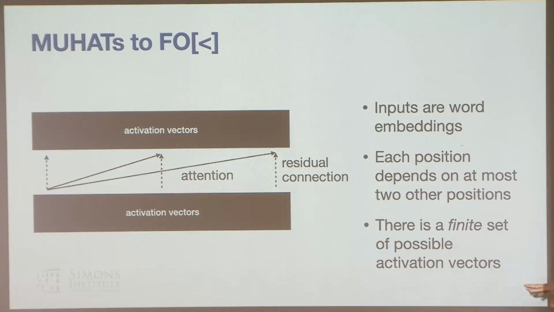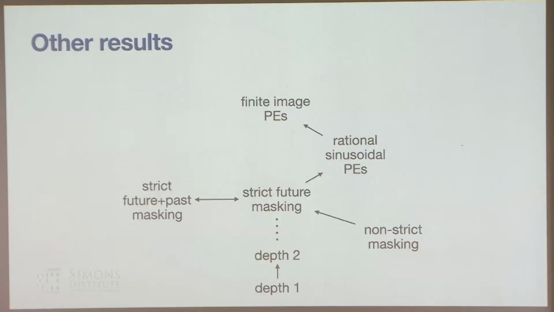If it's a finite set of possible values, then if you accept this argument, it's not hard to imagine that you could write down some possibly very large formula of first order logic that is going to be true whether this particular bit of this particular activation is true or not. So you go by induction on the structure of the transformer and you build up this large formula.